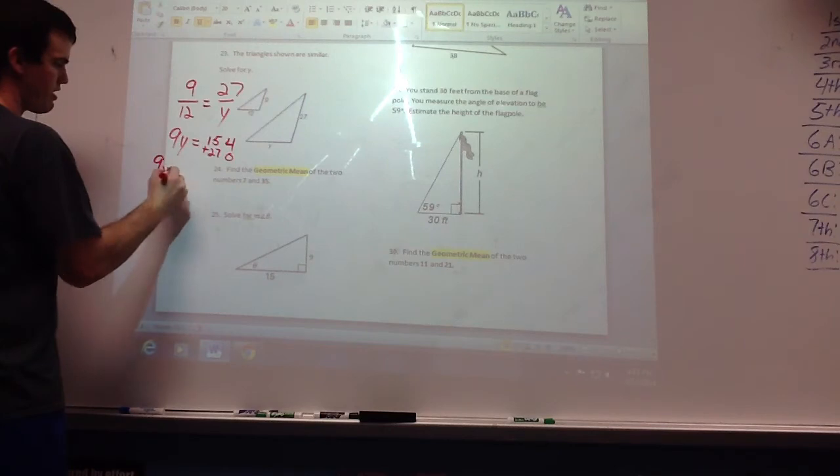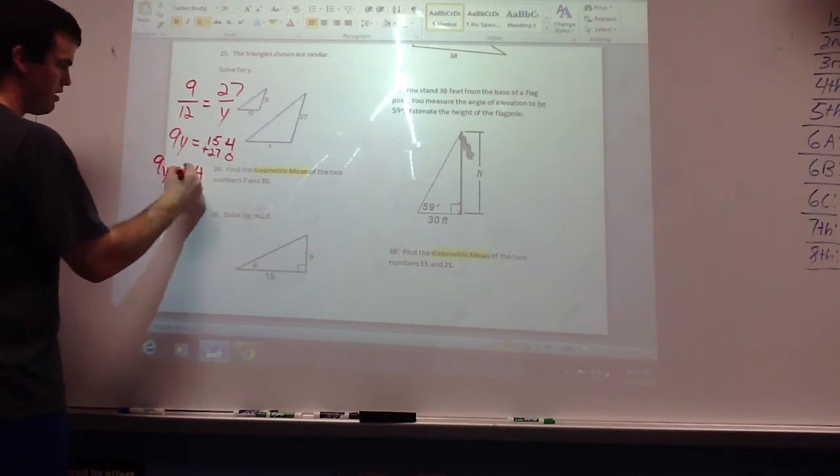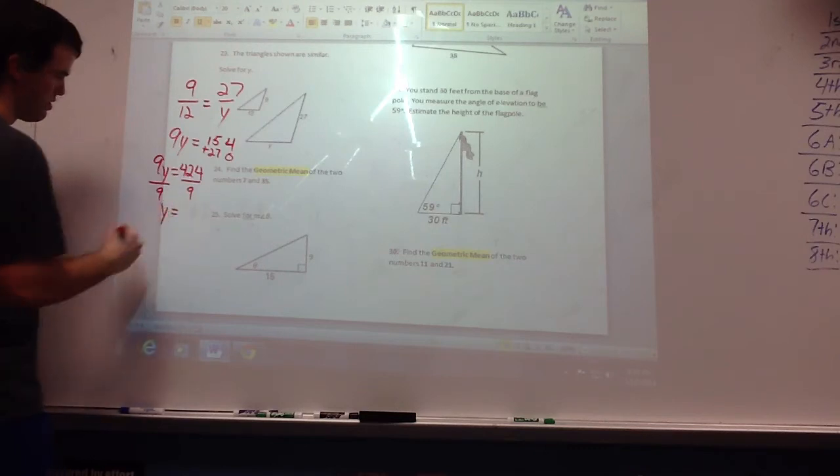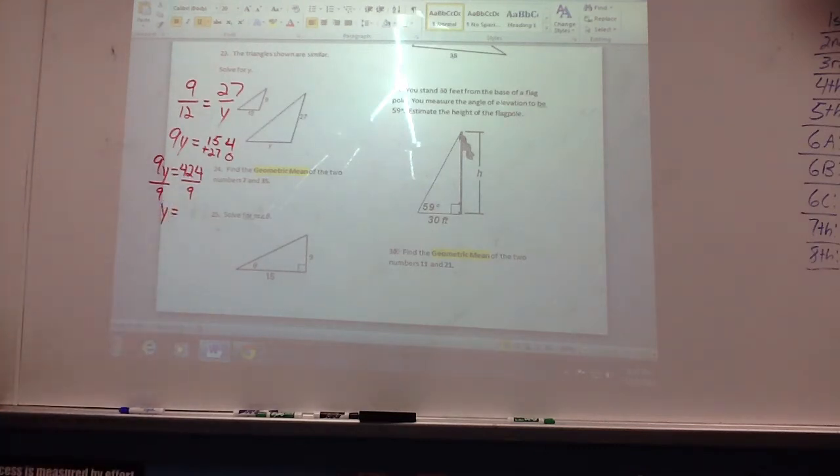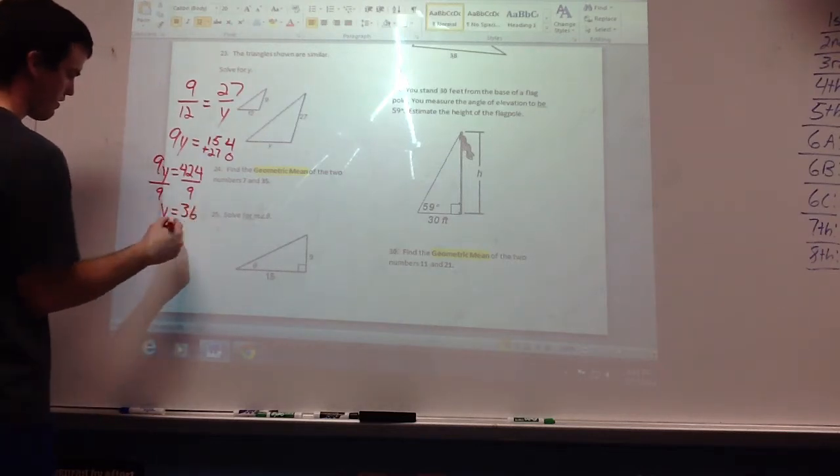So 9y is going to equal 424, divide both sides by 9. So y is going to equal 36.